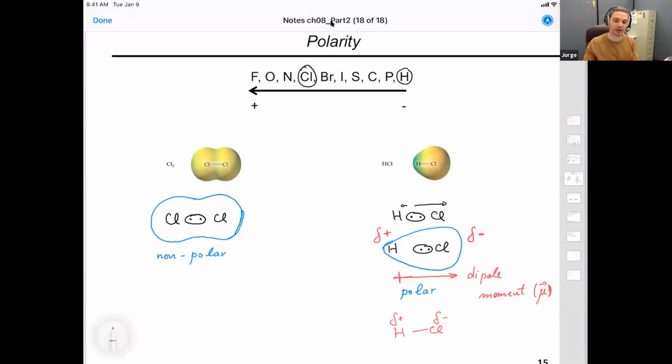The vector starts in the atom with lowest electronegativity, and it points to the highest electronegative atom. And that's how you classify chemical bonds and also chemical compounds in polar and non-polar.